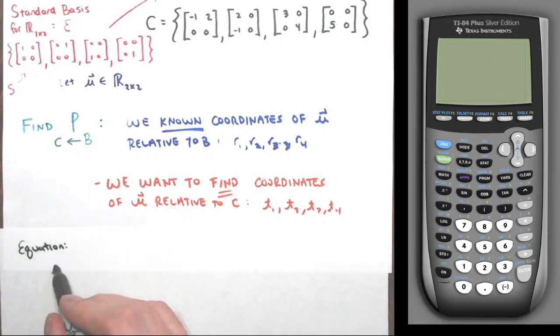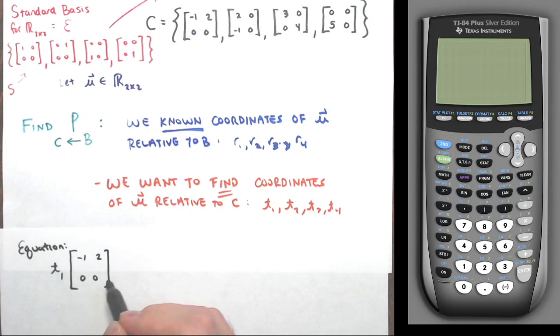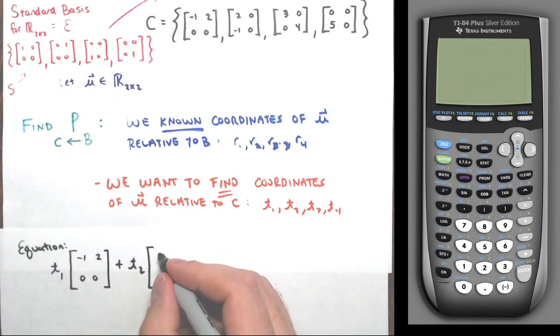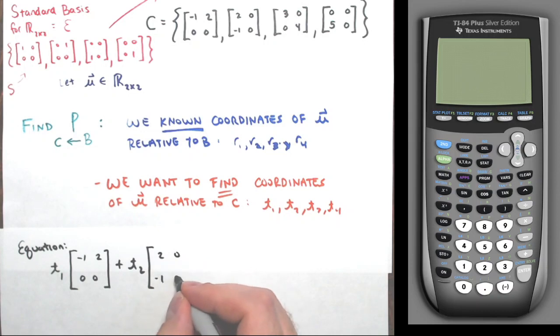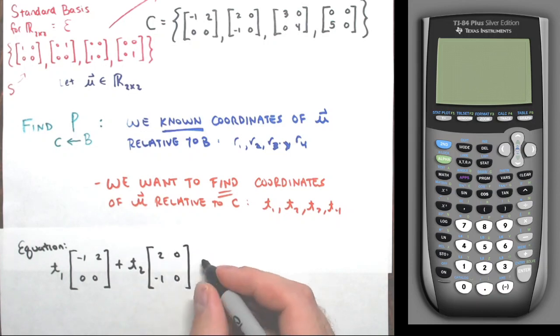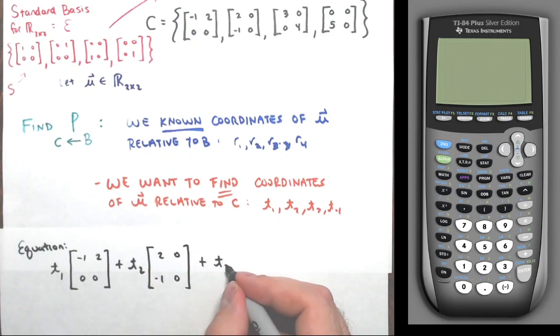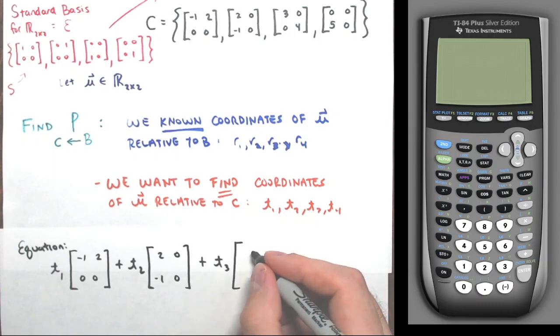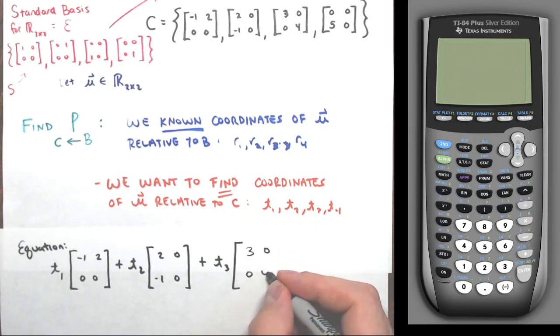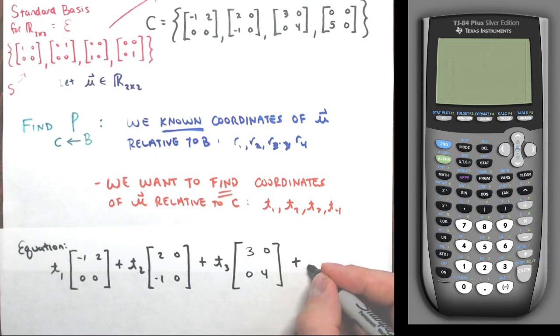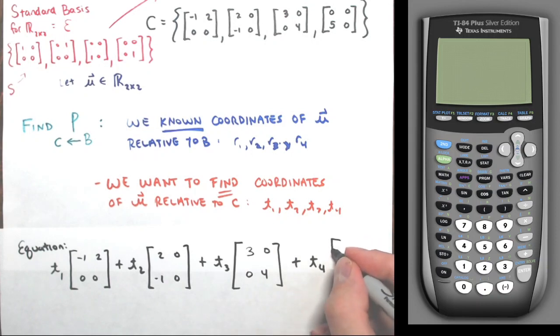So I have T1 times the first vector from C, negative 1, 2, 0, 0, plus T2 times the second vector from C, 2, 0, negative 1, 0, plus T3 times the third vector from C, 3, 0, 0, 4, plus the fourth scalar T4 times the fourth vector from C, 0, 0, 5, 0.